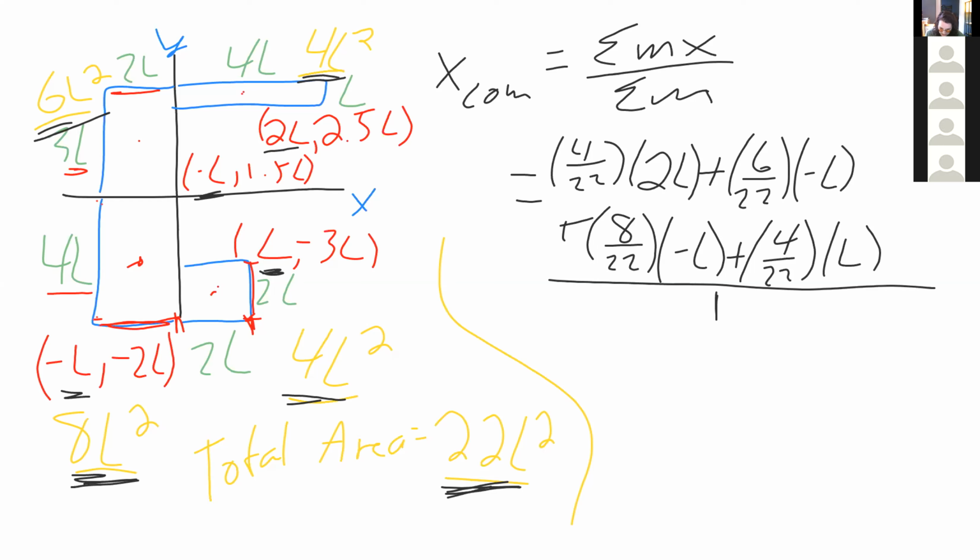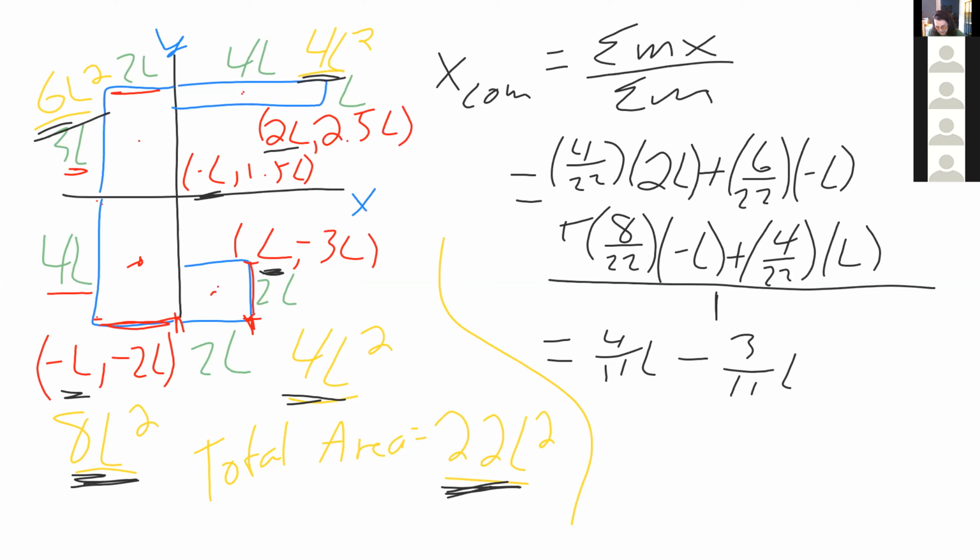Okay, and then I can solve here. So 4 on 22 times 2 would give me 4 on 11L. So I'll have 4 on 11L plus 6 on 22 in the negative L. So we could actually do minus 3 on 11L.